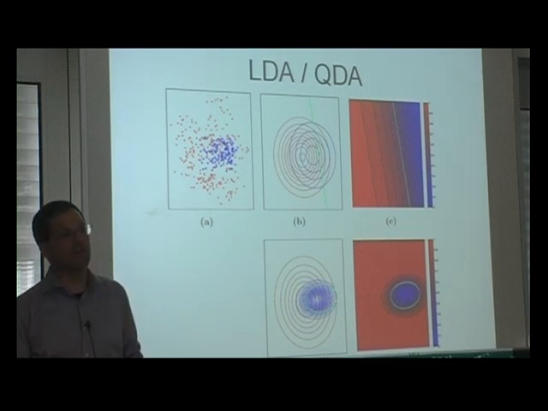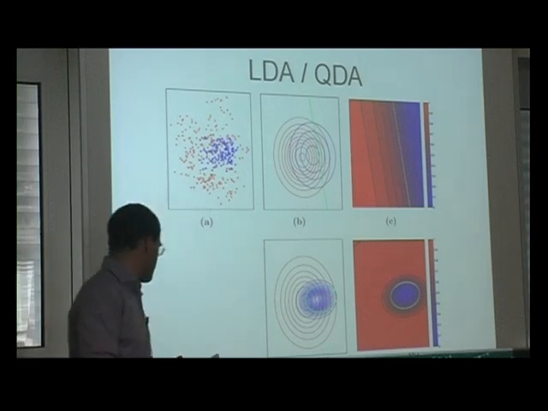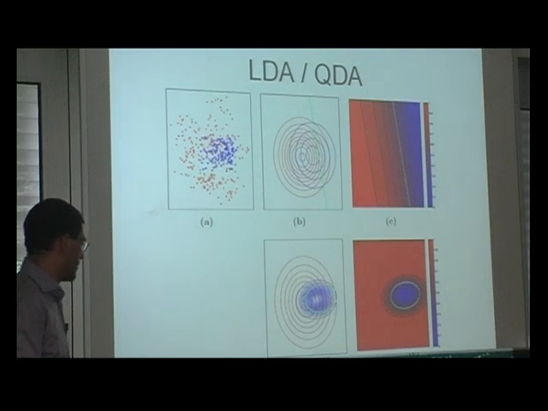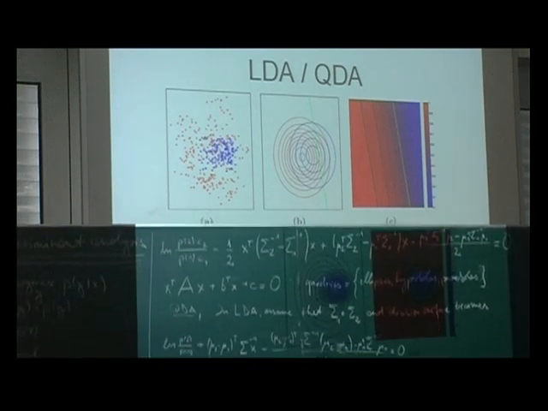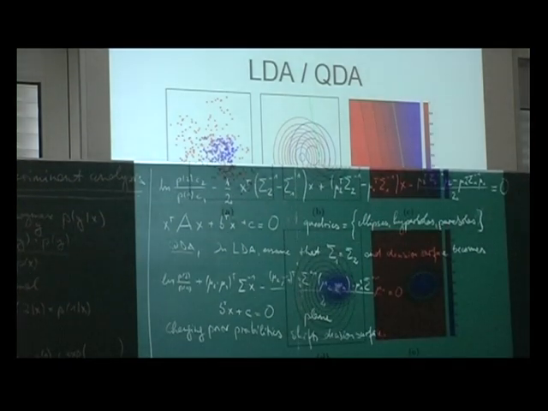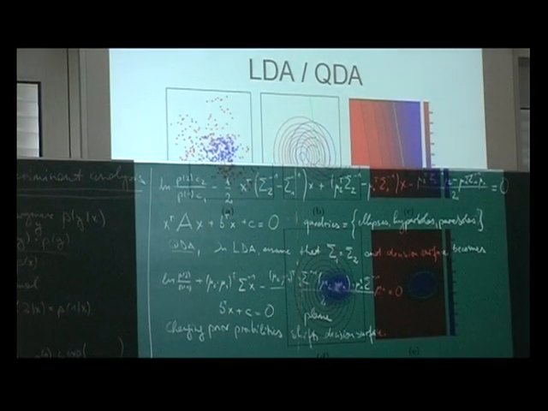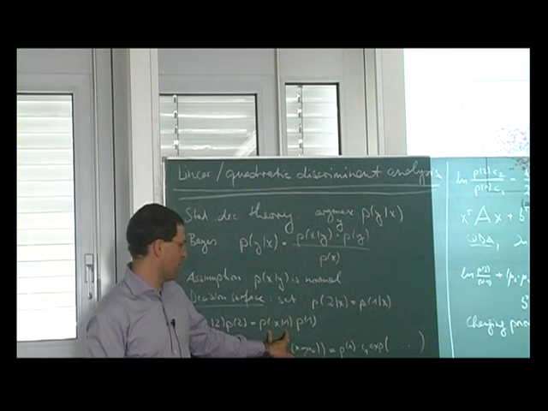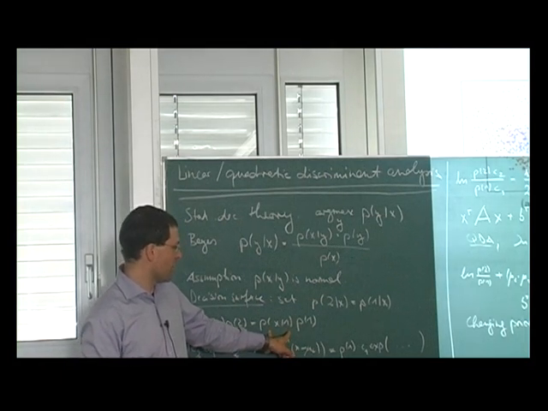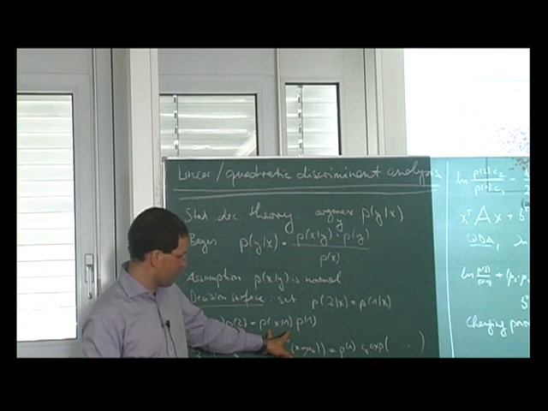So what's the last ingredient that we have? If we go back to this formula, this PDF and that PDF, by the linear discriminant analysis assumptions, they're identical up to the mean, which can be different.